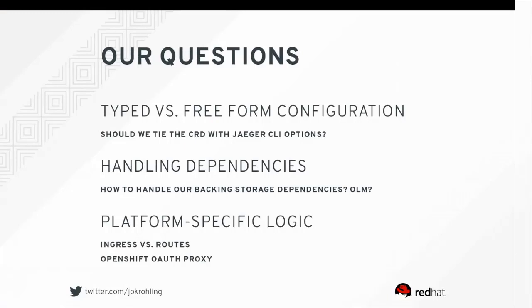The second big topic is handling dependencies. Perhaps the biggest topic that we have right now, and it's in the context of Elasticsearch. So when deploying Jaeger for a production strategy, we need a persistent backing storage, so not in memory. So the current default is Elasticsearch.